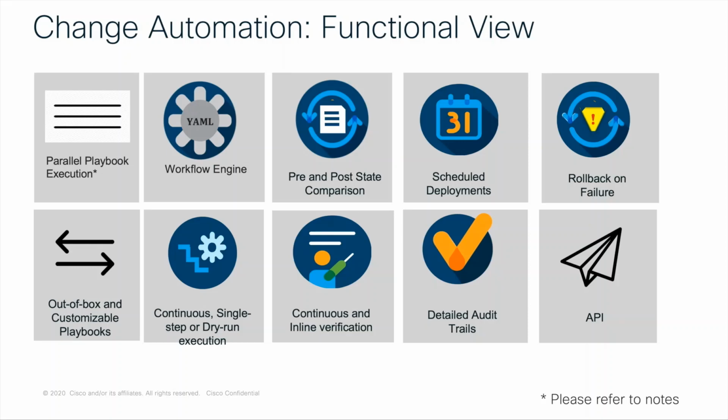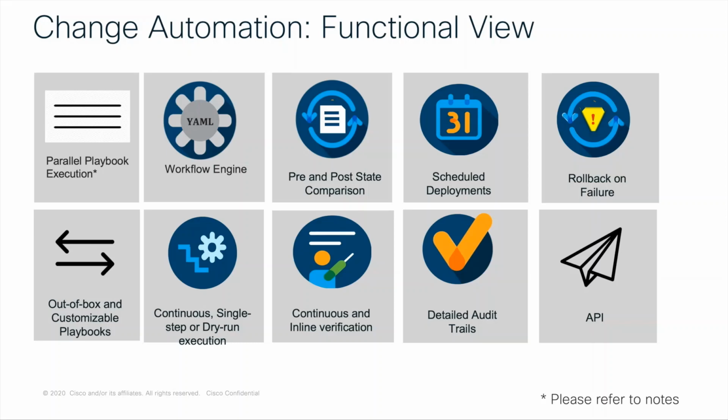We have pre and post state comparison: you can define your failure policy, capture the state before the start of execution of the playbook, capture the state after the execution, compare them, and define your success criteria. If the success criteria is not met, you can do a rollback, which restores the previous state. We also provide scheduled deployments, like certain changes such as an upgrade during a maintenance window. You can trigger the playbook off and it would automatically get done during the maintenance window.